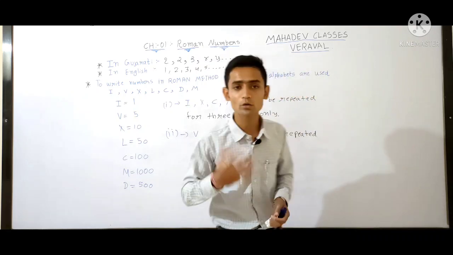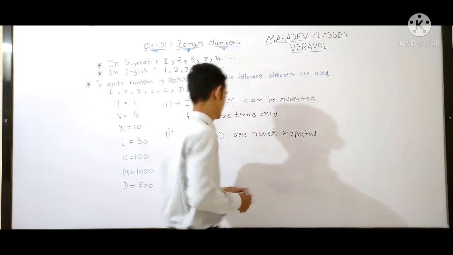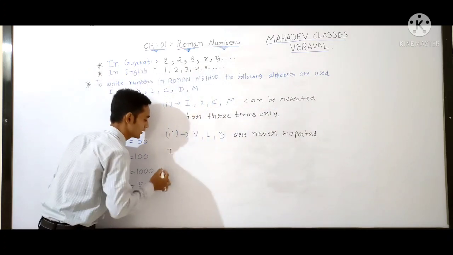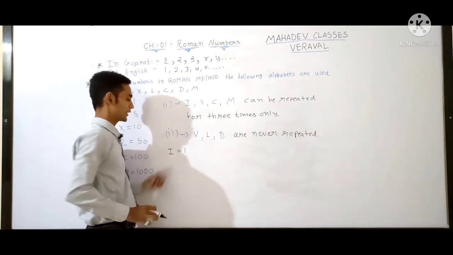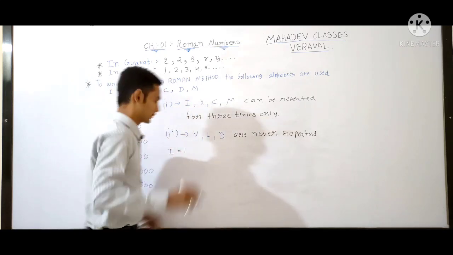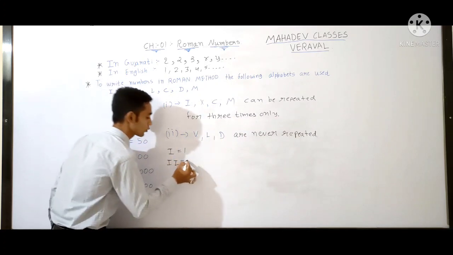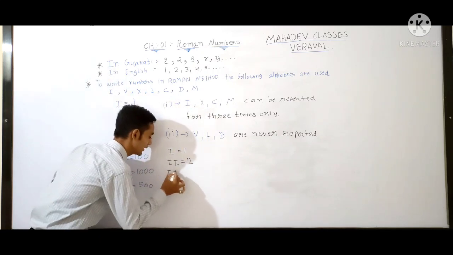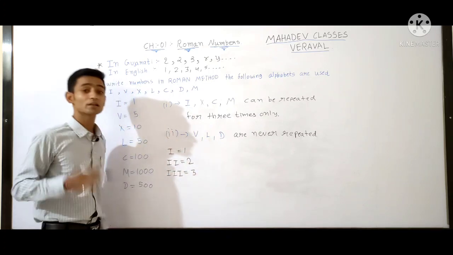Now we are going to learn the Roman numbers from 1 to 10 first. We have learned that I means 1. It's a single line. Now if we write I 2 times, it is the Roman number of 2. Similarly, if we write I 3 times, it will be the Roman number of 3.